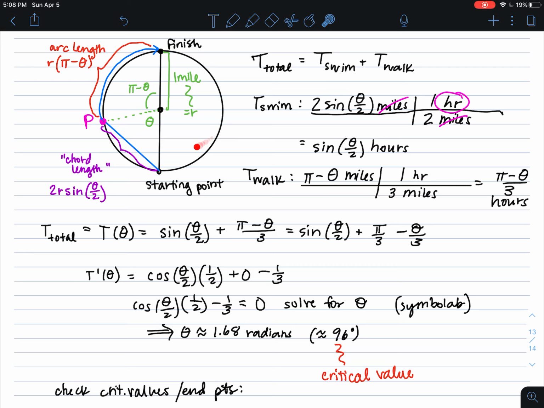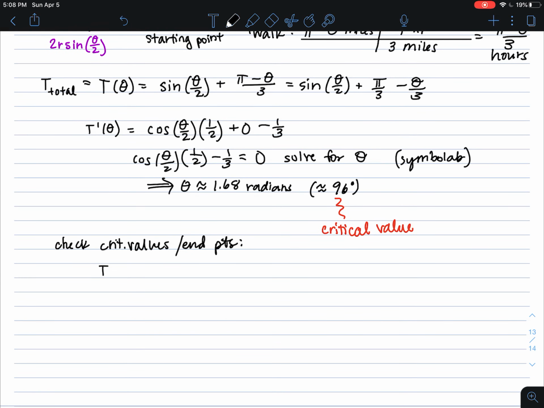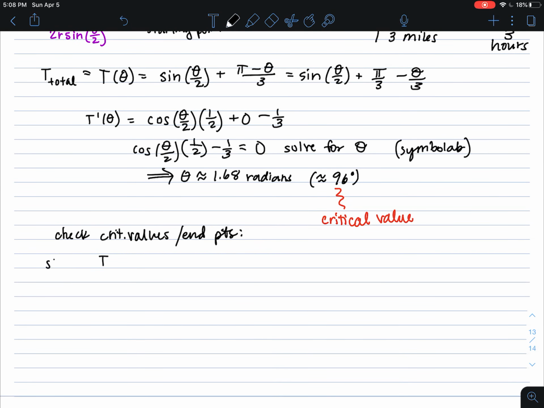Because the full circle is 2 pi, so half of the circle is an angle of pi. So our starting value is 0, and T of 0 is approximately 1.05 hours.